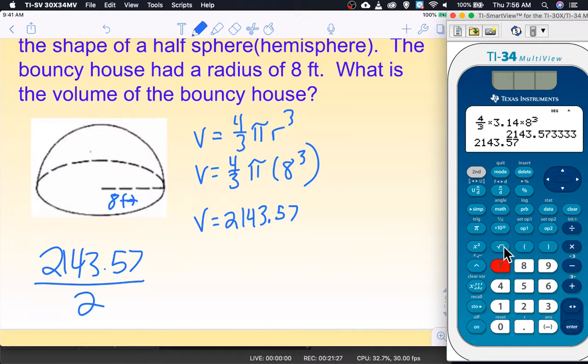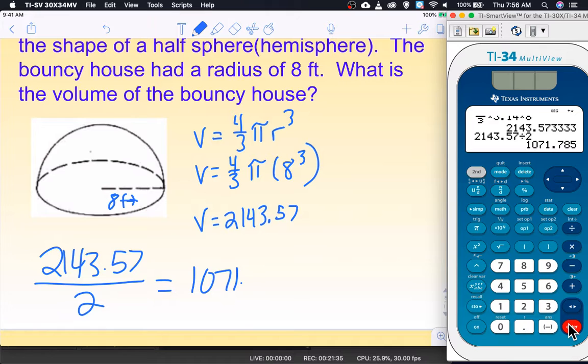Divide by 2 equals 1071.79. Again, rounding to the nearest hundredths. The 5 makes the 8 round up. Now I can put feet cubed.